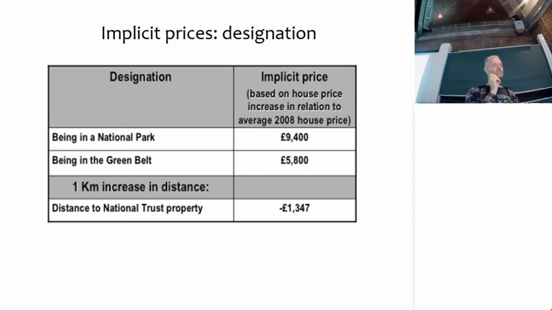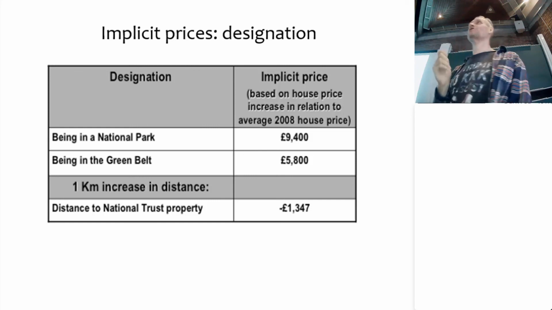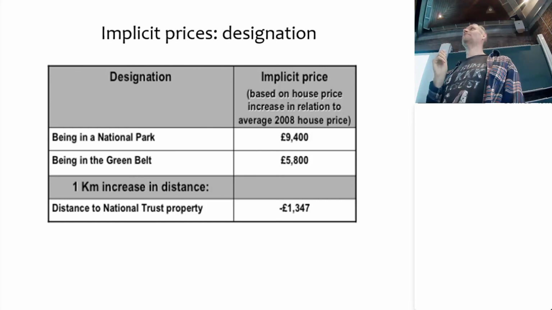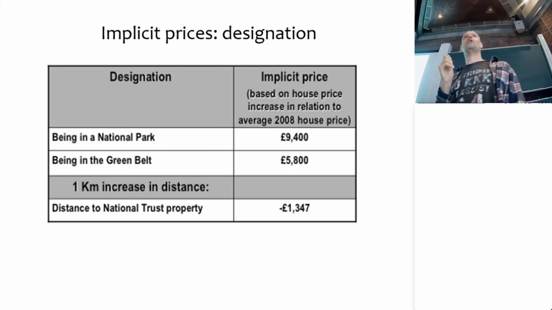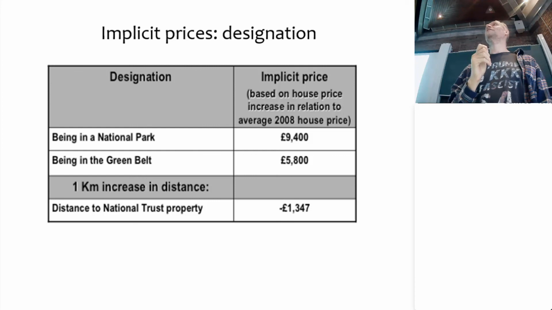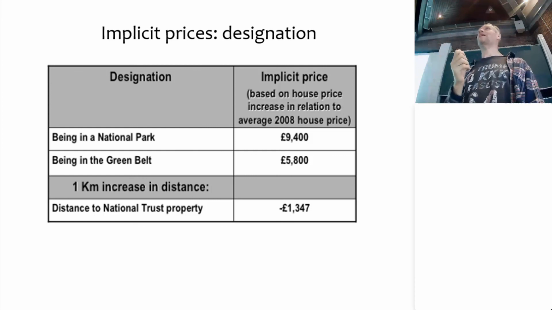But being closer to a National Trust property actually reduces the value of your property. And the reason for this is probably because National Trust attracts loads of visitors who then block the streets with their badly parked cars, and so on and so forth, right?